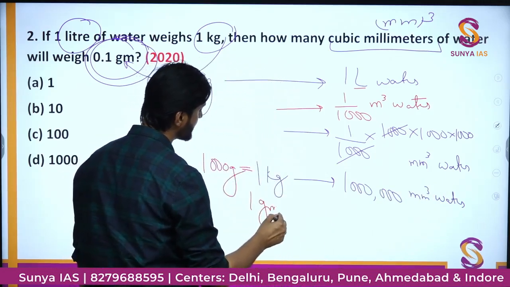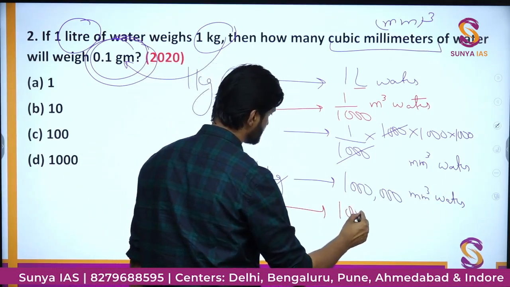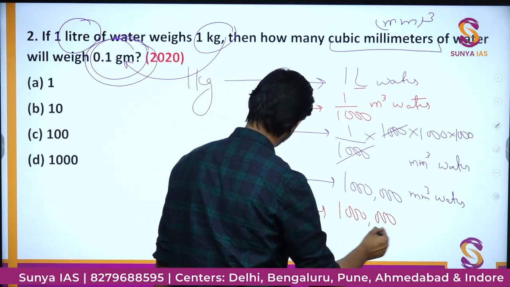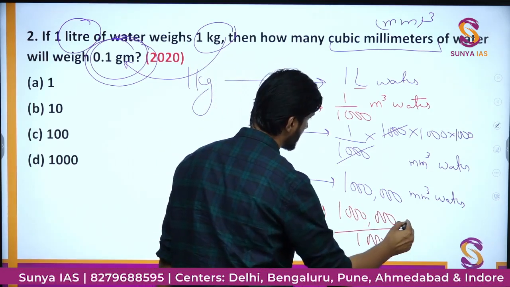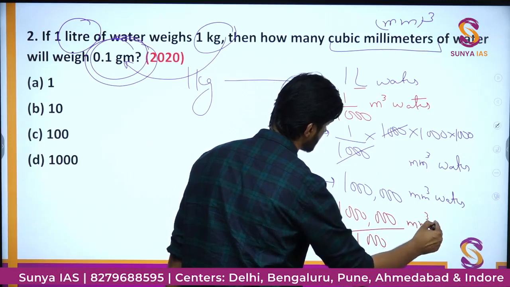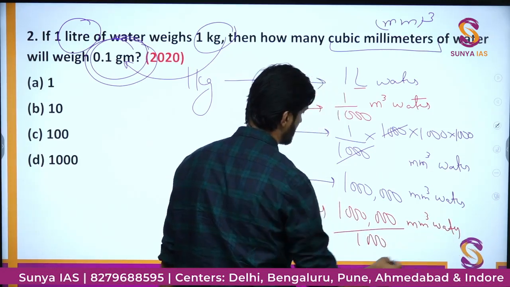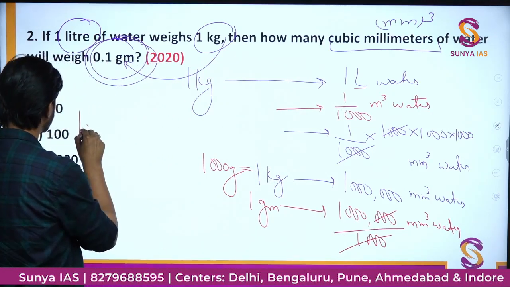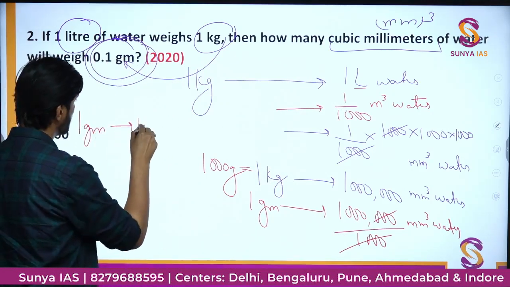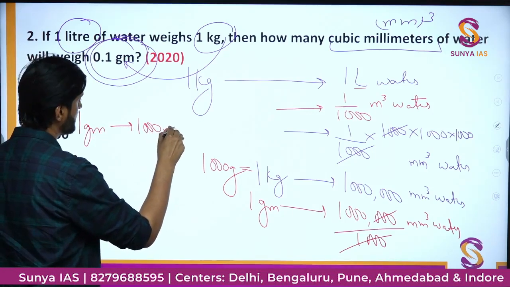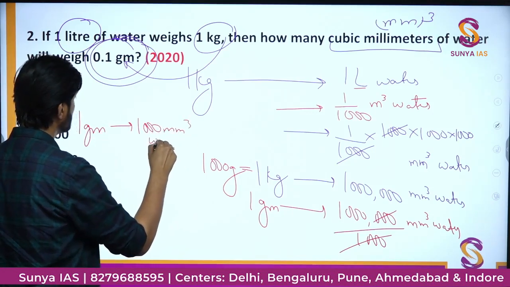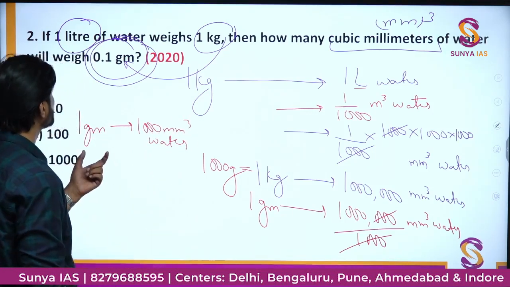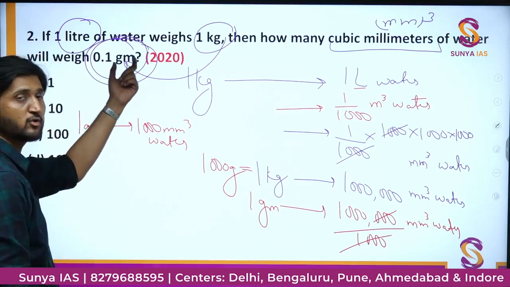1 gram will contain this divided by 1000 millimeter cube water. So just cancel it out. Further you will get that 1 gram contains 1000 millimeter cube water, but it is not 1 gram we have to find out. We have to find out for 0.1 gram.